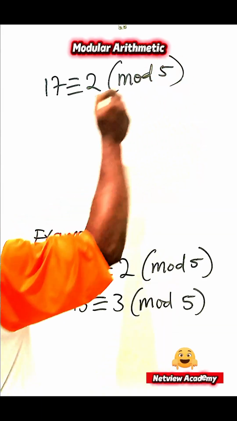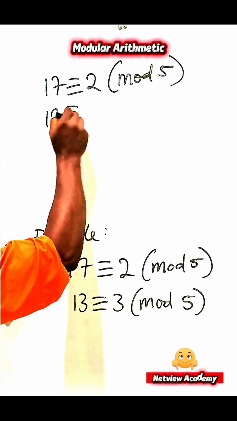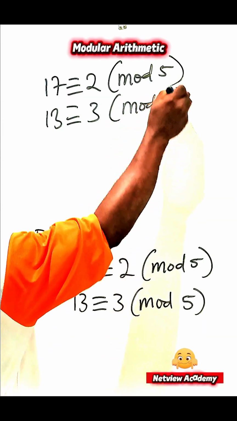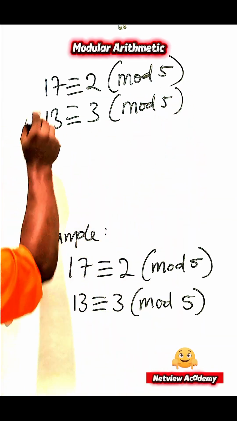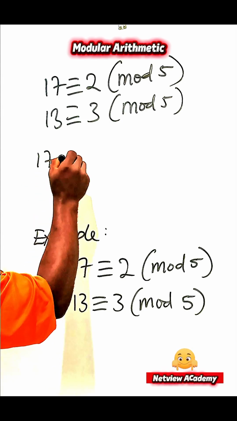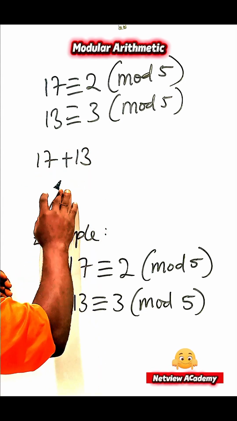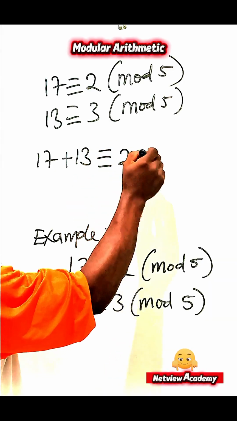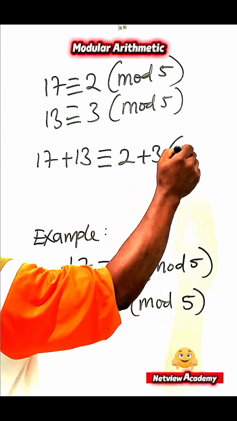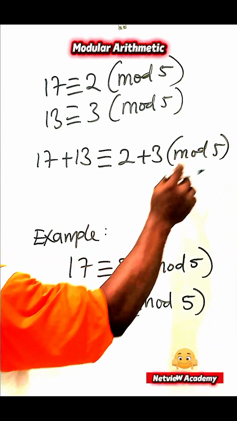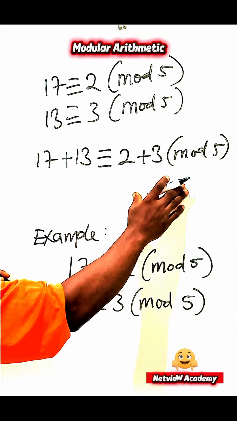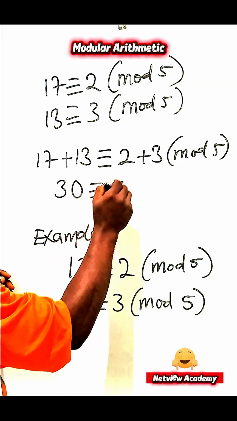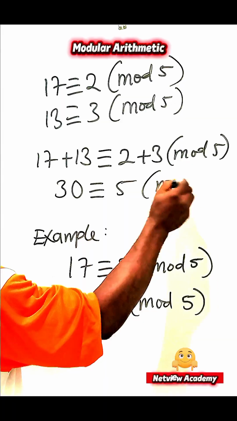This becomes 17 plus 13 is congruent to 2 plus 3 modulus 5. This is the same thing as 30 is congruent to 5 modulus 5.